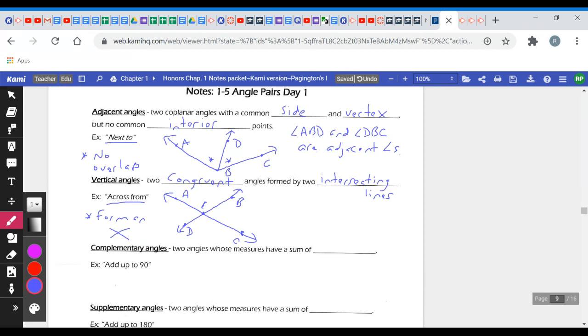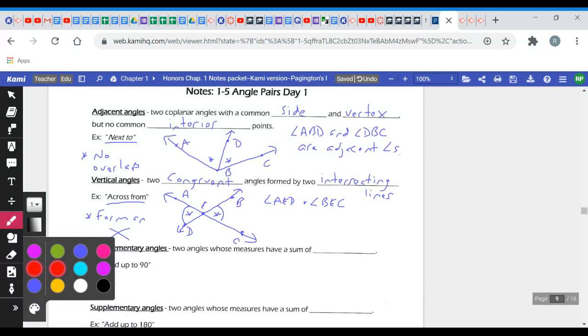I could name angle AED and angle BEC. That would be a pair of vertical angles because these two angles are right across from each other, formed by two lines that form an X. And so I therefore know that these two angles must be congruent to each other.